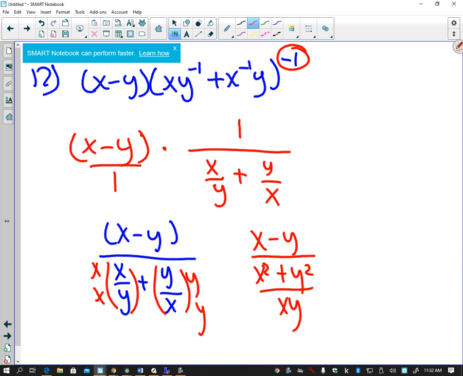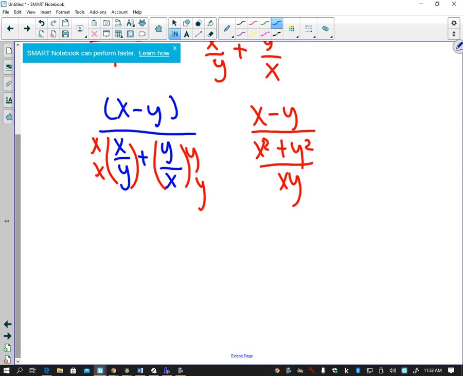And how I want to look at this from here is x minus y divided by a fraction. Well, I can't divide by a fraction, so I'll end up multiplying by its reciprocal, right? So let's see, I want to drag this down here a little bit. Okay, so I have x minus y over 1 times the reciprocal.